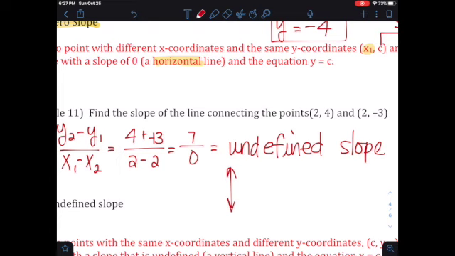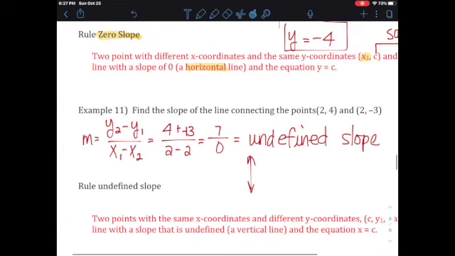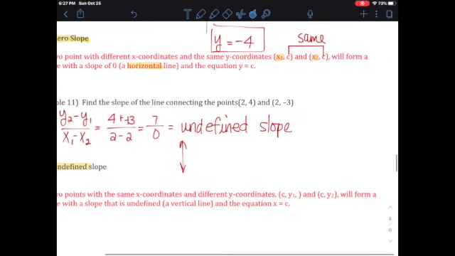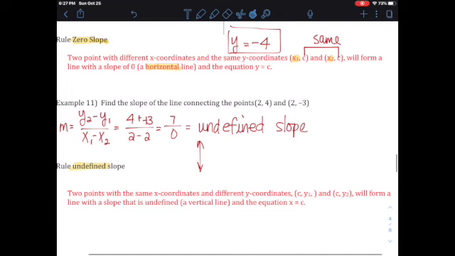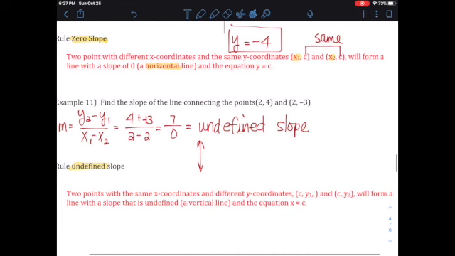It's a vertical line. Okay, so here is the rule of undefined slope. If you have two points with the same x coordinates and different y coordinates, they will form a line with a slope that is undefined, a vertical line, and the equation is x equals c.